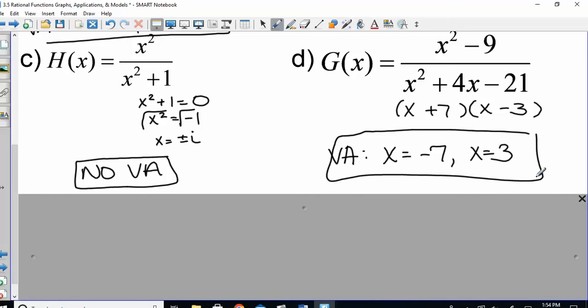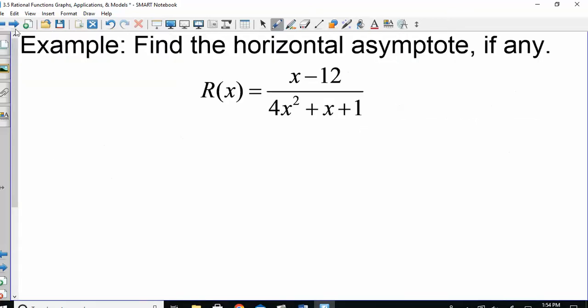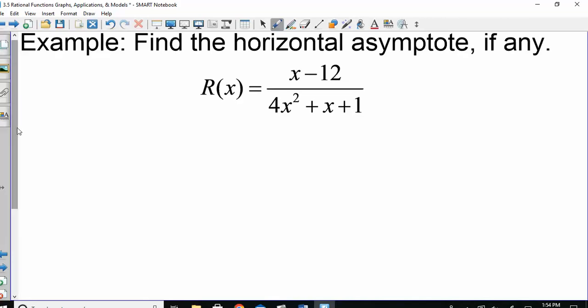Let's practice some finding horizontal and oblique. Okay, so we know it's either horizontal or oblique, it's not both. It's all based off the degree. So what is the degree of the top here? 1. We have an x to the first.